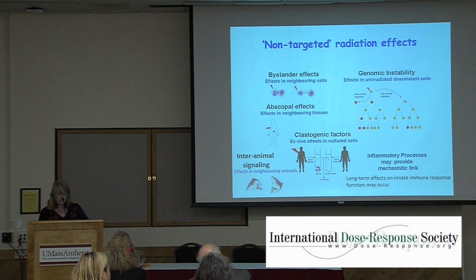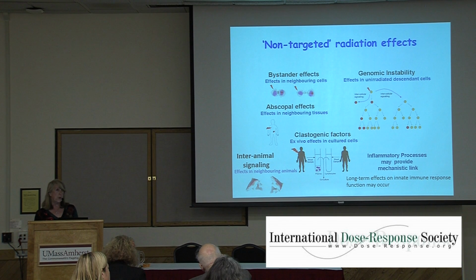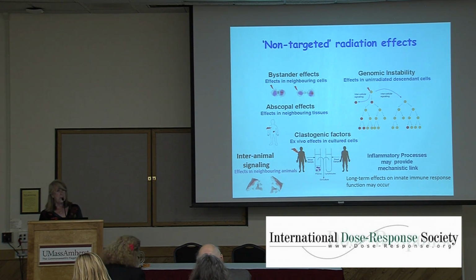And then the other kind of non-targeted effect is genomic instability. And this is where you get effects in unirradiated progeny of the progenitor cells. So you irradiate cells, you let them go through multiple generations, and then you get de novo expression of mutations that were not introduced in the progenitor cell by the direct irradiation. So you've got a destabilization of the genome.